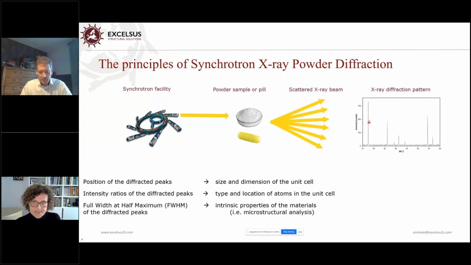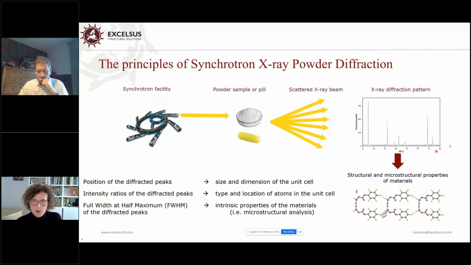And by looking at the full width at half maximum of the diffracted peaks, of course, on the condition that your instrument does not contribute to that width, which makes angular resolution very important, you can get access to the intrinsic properties of the material, so-called microstructural analysis.